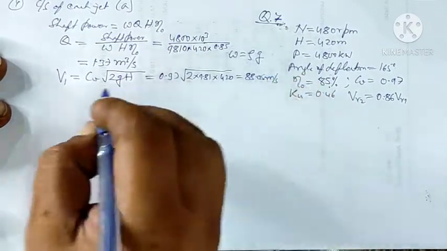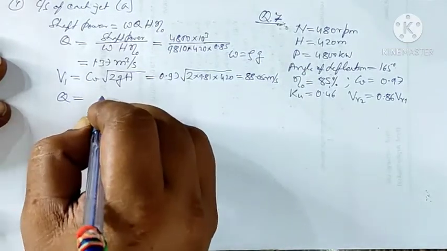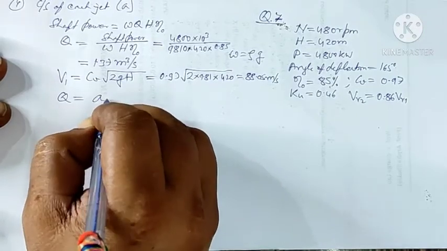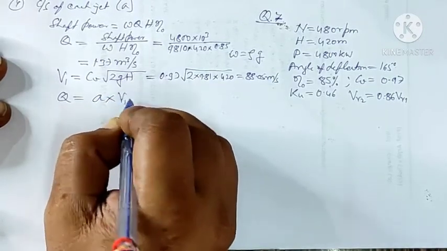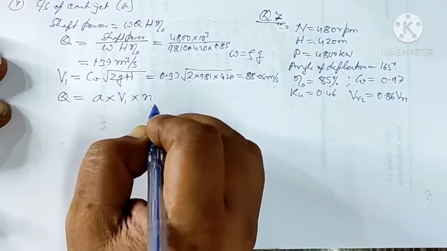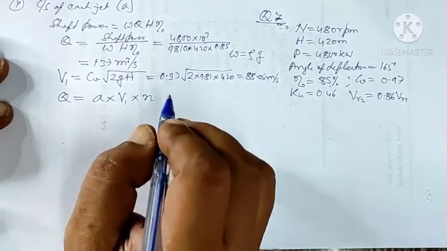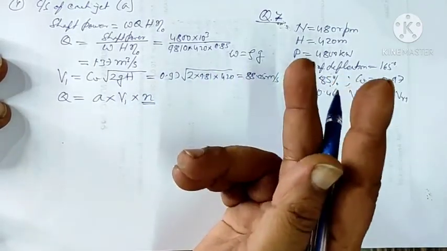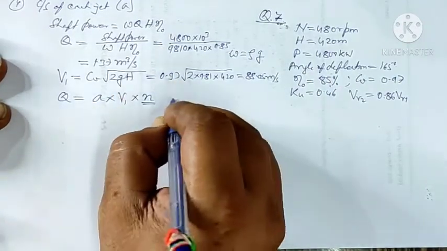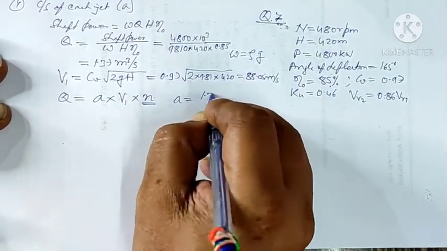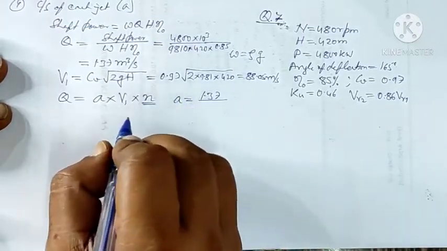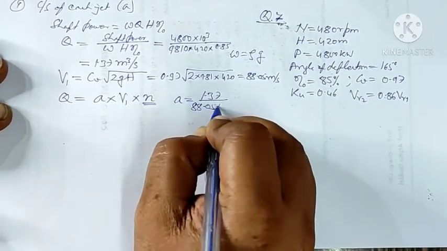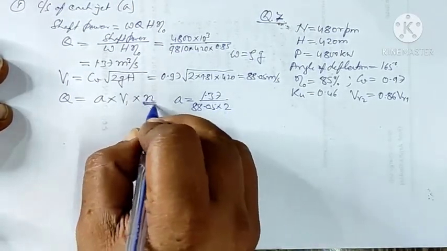Now the total discharge Q is equal to the discharge through one jet, that is area of the jet multiplied by velocity, and then n number of jets. In this case the number of jets is given as 2, so area will be equal to 1.37 divided by V1, that is 88.05, multiplied by 2, the number of jets.